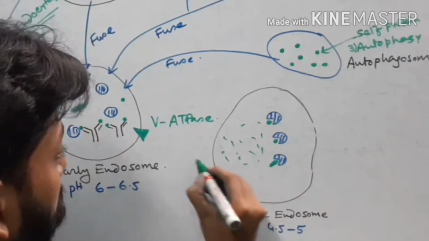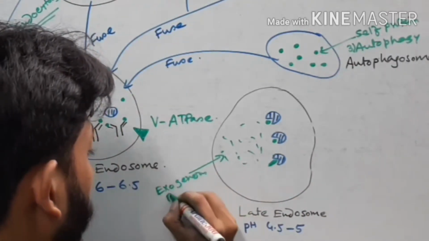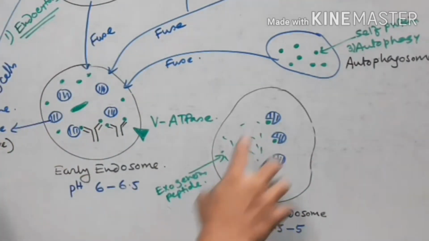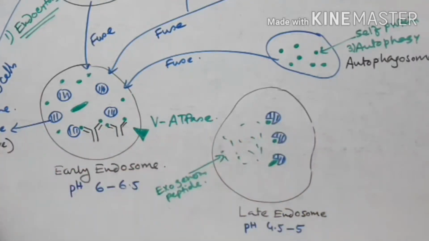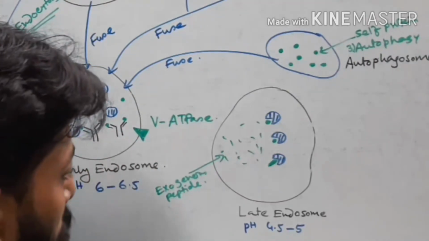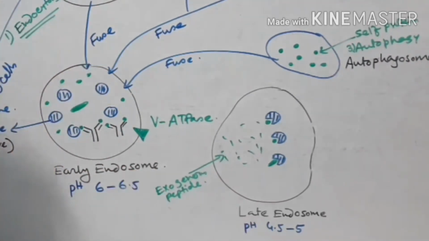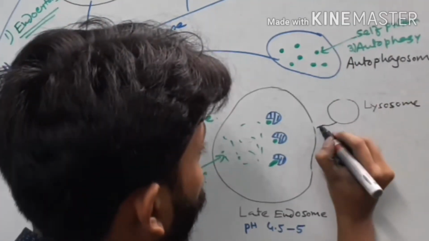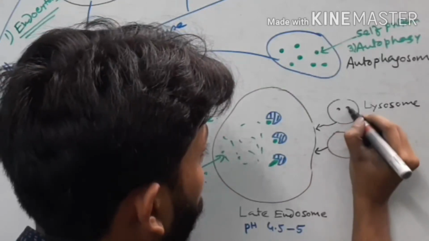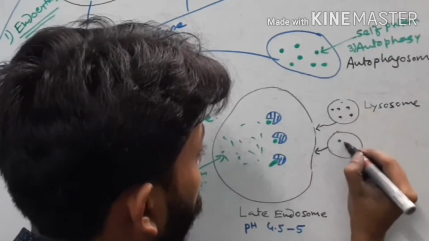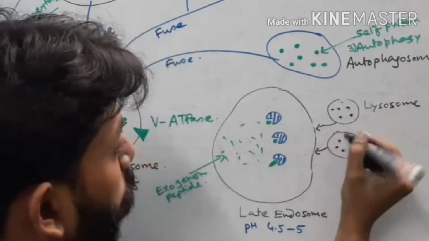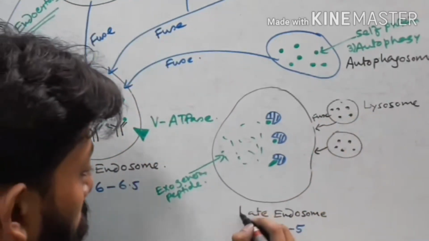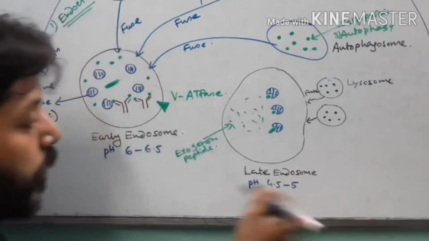So these are the exogenous peptides, and these are the now active proteases that can cleave the antigen or pathogen that is already present in the early endosome. Another important point is, when the early endosome becomes the late endosome, lysosomes, which also contain many proteases, fuse with the late endosome.